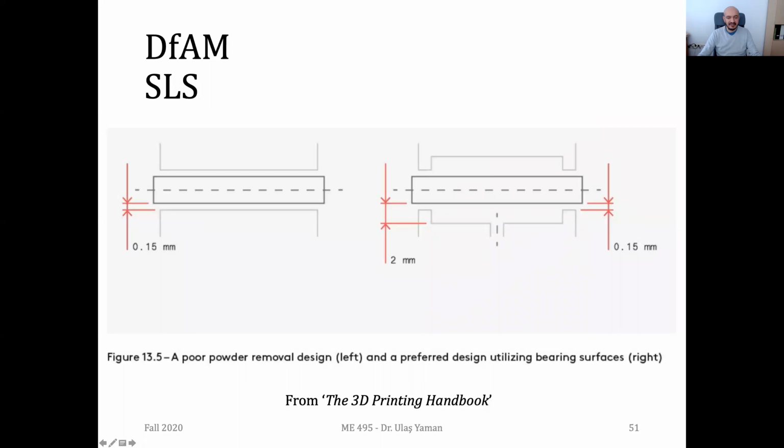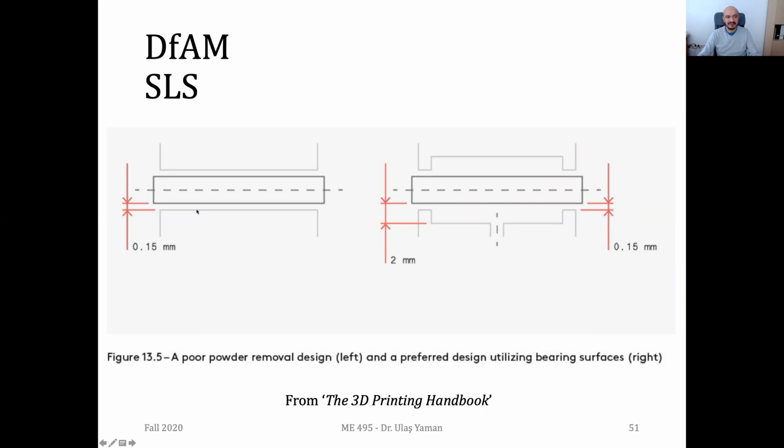Then we have another issue, again related to the powder removal. For this design, we have a kind of shaft here, as you see, and we said that in SLS it's quite possible to have functional designs and functional assemblies, and this is an example of that. We have a shaft, probably. This will be rotating after the assembly is printed.